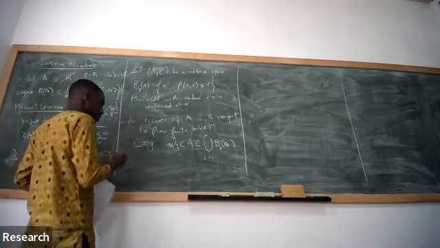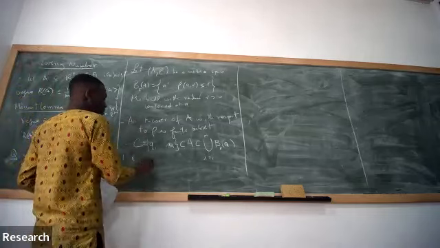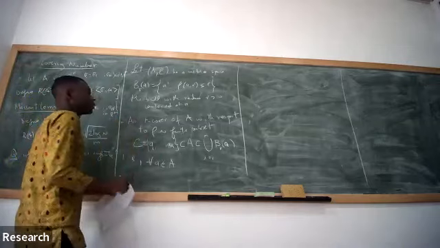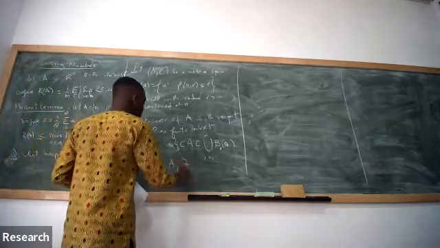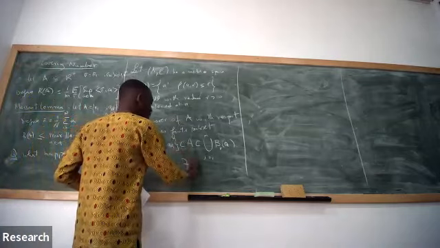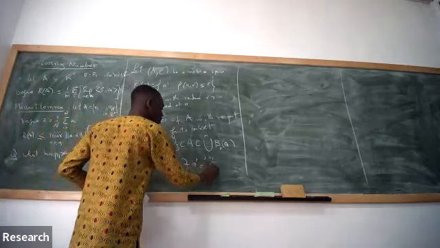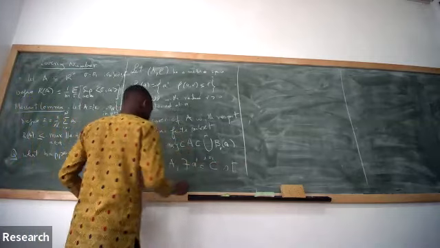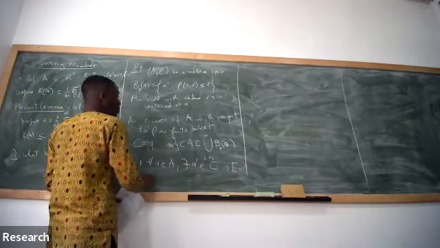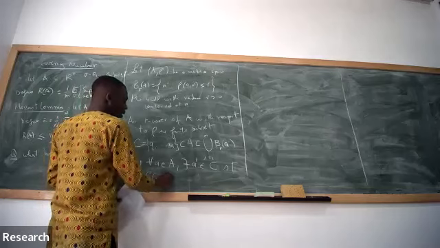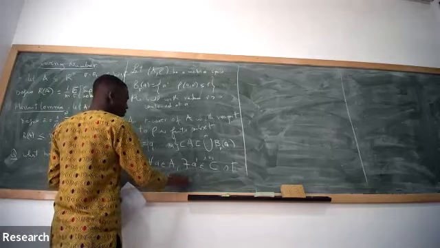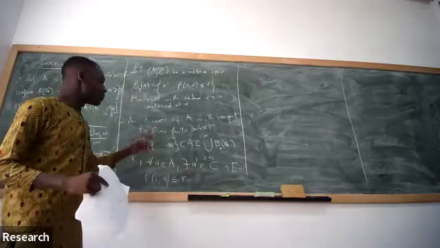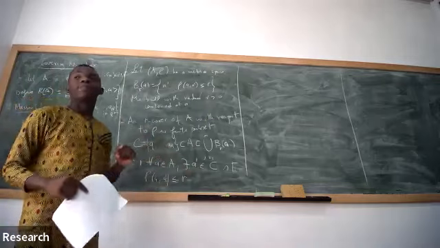Simply, it means that for every element A in capital A, our original set, there exists A prime in our set C, which is our cover, such that the norm between A and A prime is less than or equal to R. And we say that C is an R cover.